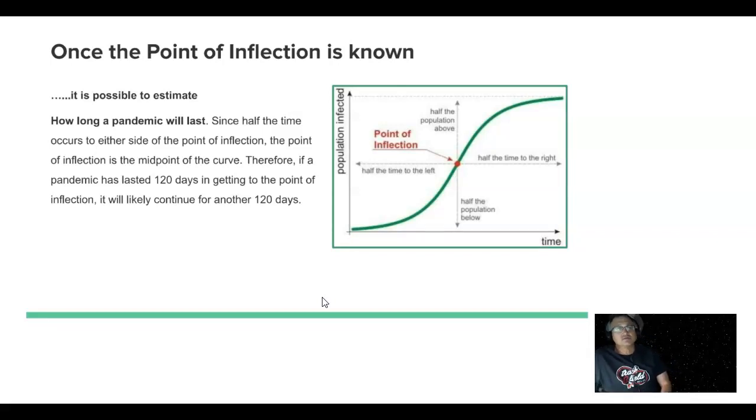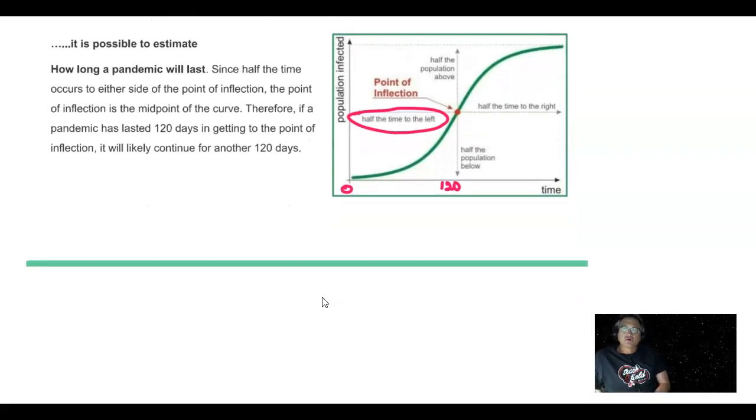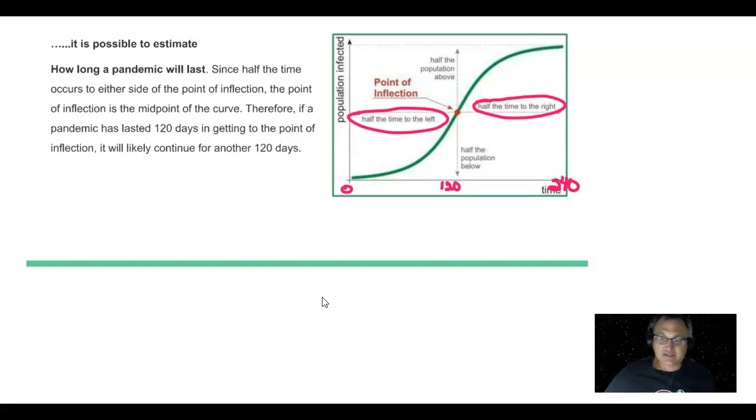So in terms of estimating how long a pandemic would last, using just this picture here, if we said it took 120 days to get to the point of inflection, well, that's half of the time. So if it took 120 to get there, then at 240 days, the pandemic would stop.